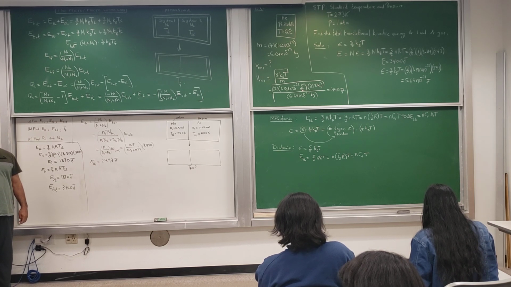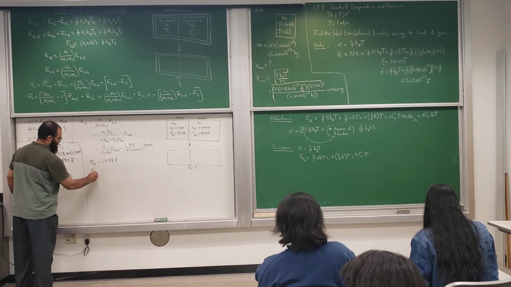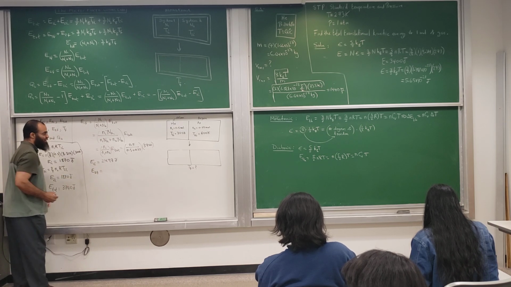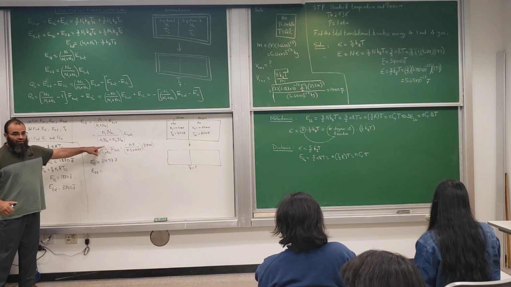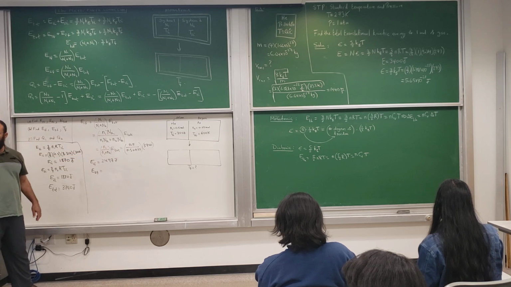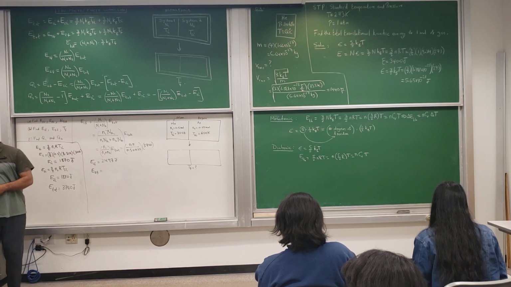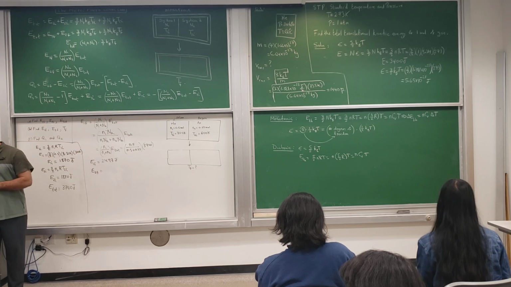How about E2 final? What do you do? For E2 final, you would have N2 on top. So you do that, you should get basically half of this.